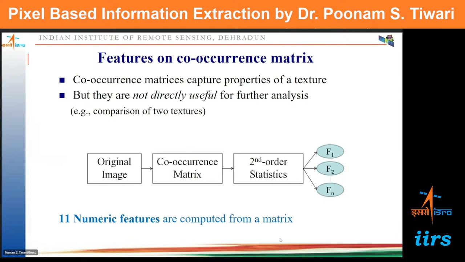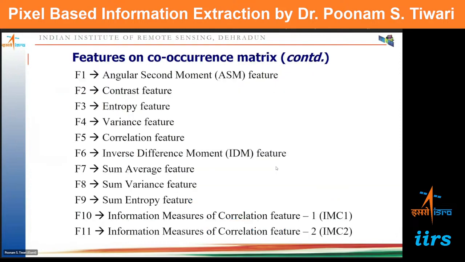So from the original image, as you can see here, we have calculated the co-occurrence matrix. From the co-occurrence matrix, we have created the second order texture parameters, these F1, F2 up to Fn. There are 11 features that can be calculated from the matrix. What are these 11 features?